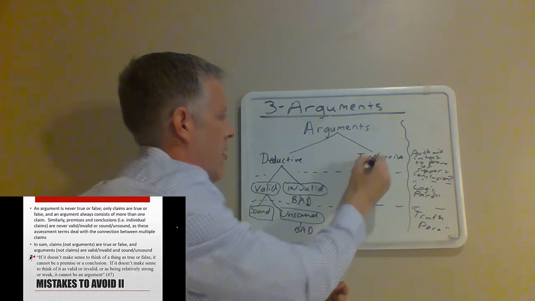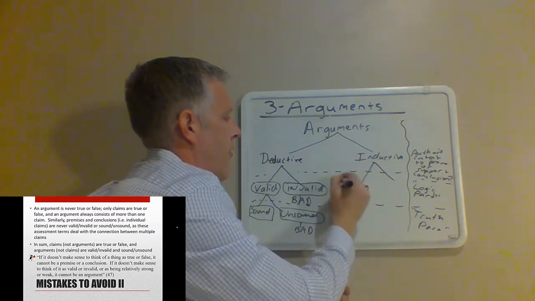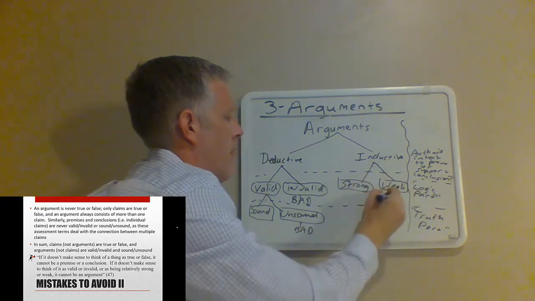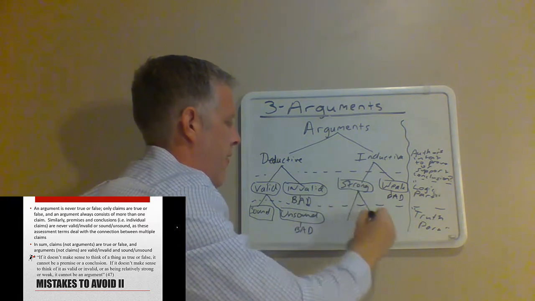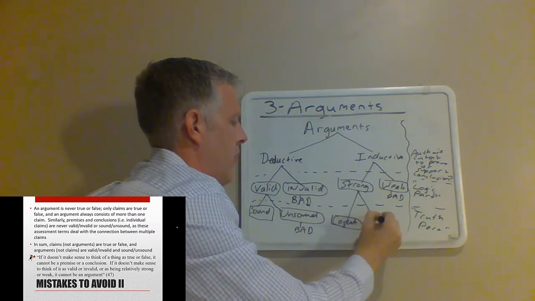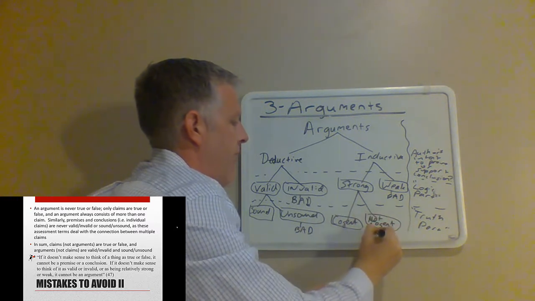Same thing here: strong, weak, bad. Hopefully this makes sense now. Then we have cogent, not cogent, bad.